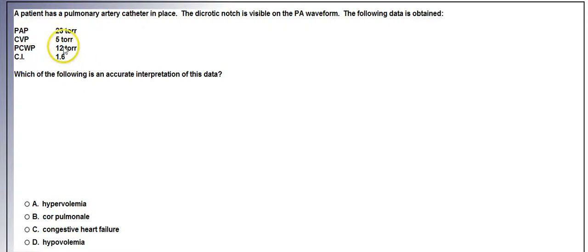So now the disease you're gonna look at is right-sided heart disease, which is CHF or mitral valve stenosis. Hypervolemia, everything is high. Pulmonary, that's going to be right-sided. So right there, that would be the CHF, which is congestive heart failure. Hypovolemic, everything is going to be down. So that would leave you with letter C.